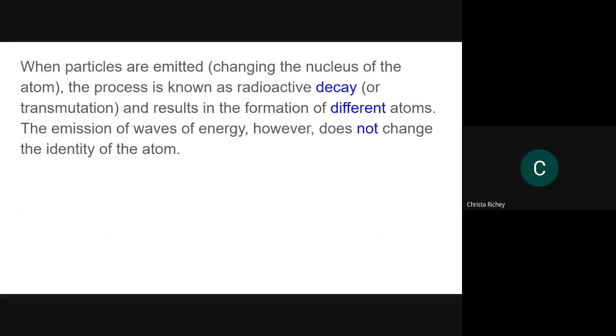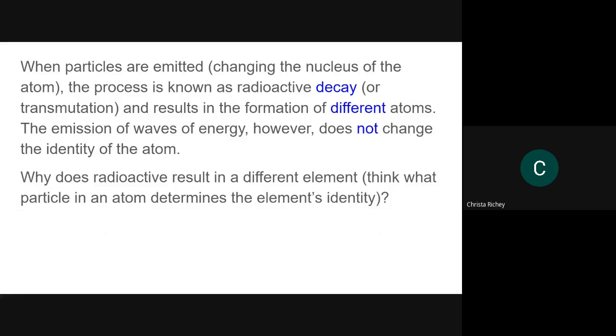If they're losing protons, they're going to change elemental form, because the number of protons is what makes the element the element. And when you change these, whether you add or lose, in this case we're losing because we're decaying, we're breaking things off, you're going down by however many protons you've lost.